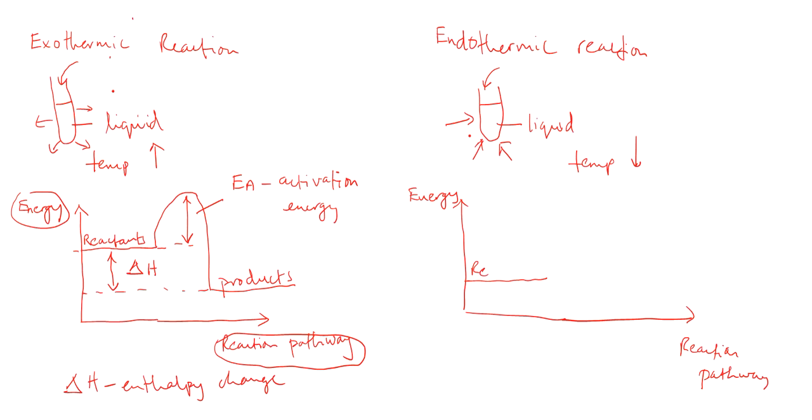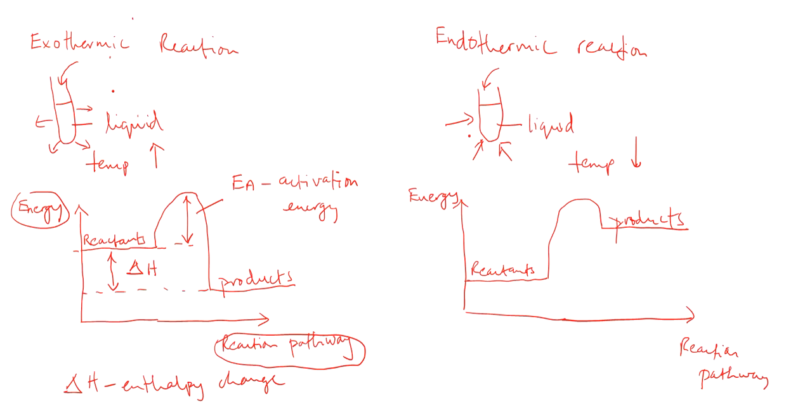So this is reactants, right, and energy is being absorbed, so the energy of our products is going to be greater than the energy of our reactants. So this is products.